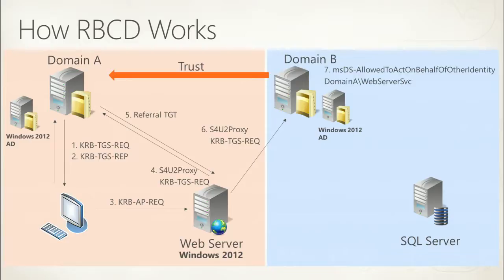What we've done here is specify, yes, I'm going to trust domain A, the web server service, to actually perform that delegation. If you think about it, before with Kerberos constrained delegation, we specified it on the source side. We said that this account's allowed to delegate. What we're doing now is going to the target side and saying we're going to allow the delegation to occur.